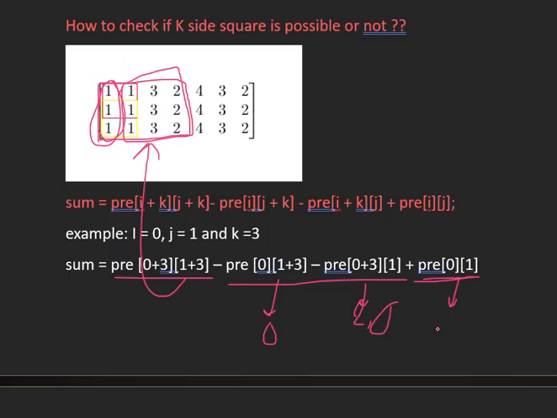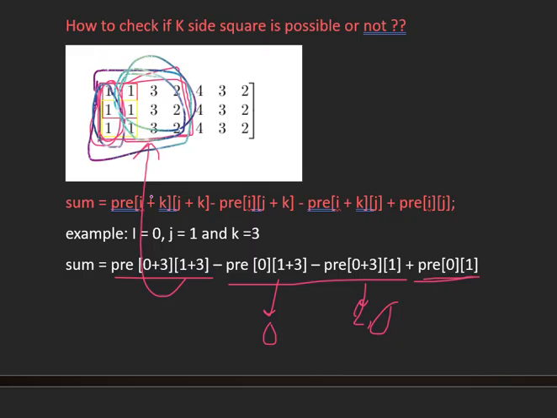Here it is giving us 0 only. So in the matrix, this value is giving us the sum of this matrix, this one is giving 0, and then this third part is giving the sum of these values. If from the whole we subtract this part, we get the sum of this square, right? So we get our desired sum.